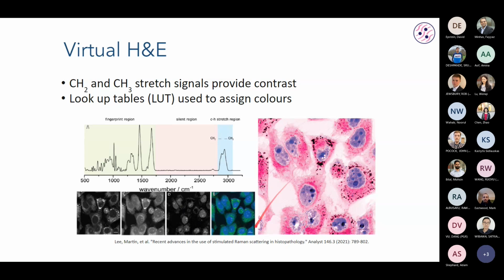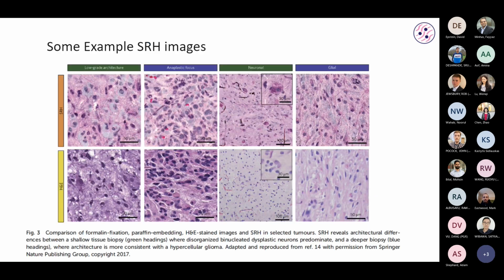In the case of this paper, they used a lookup table to assign the colours, and essentially get something that looks roughly like H&E. So some examples of that.